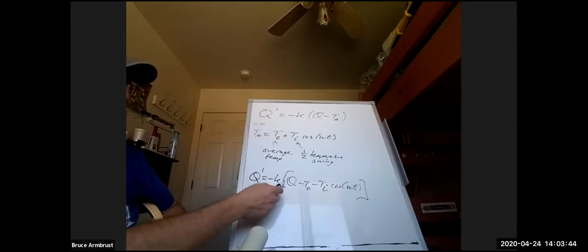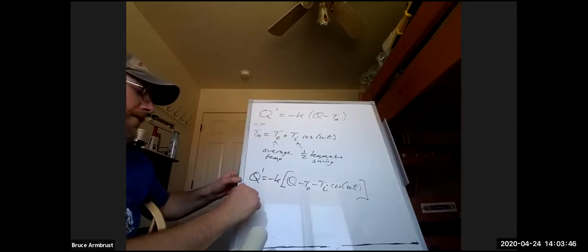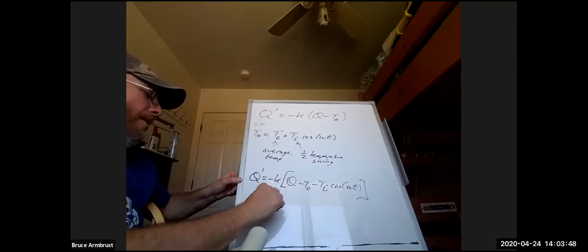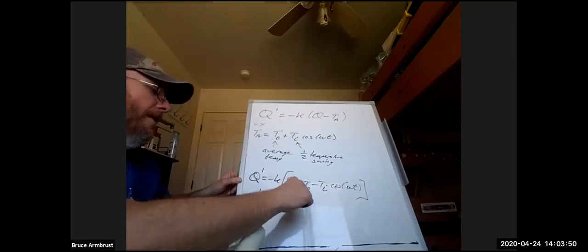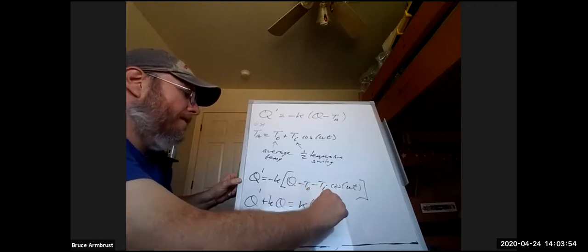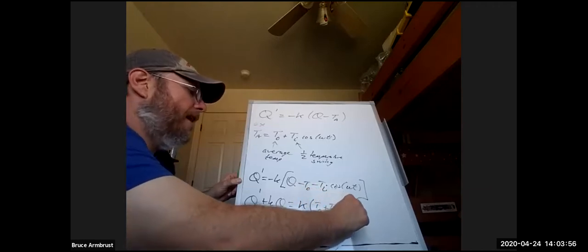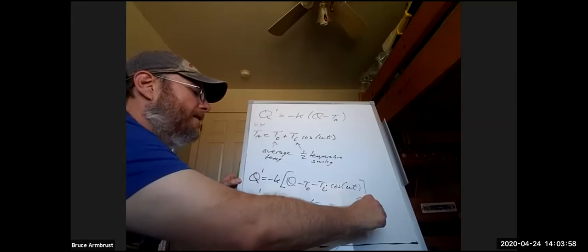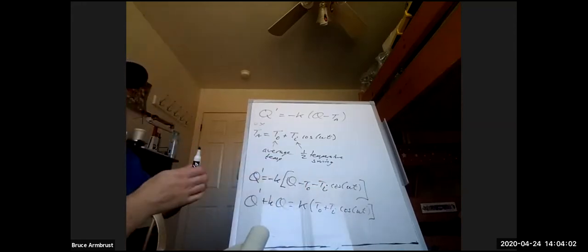I can move this KQ over to the other side, so we get Q prime plus K times Q, and that's going to equal K times T naught plus TI cosine of omega T. I factored out the minus sign, canceled it.